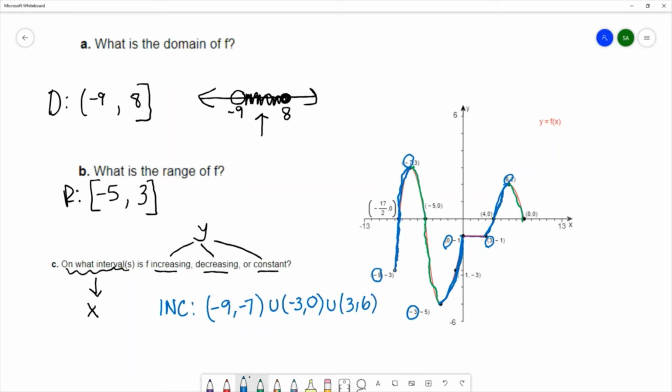So then let's write down our decreasing section. We have in green here our decreasing section. And that section will start with an x of -7 and end with an x value of -3.